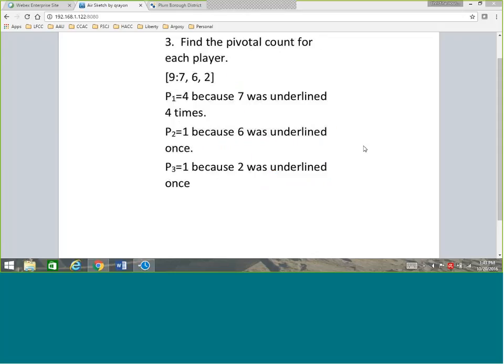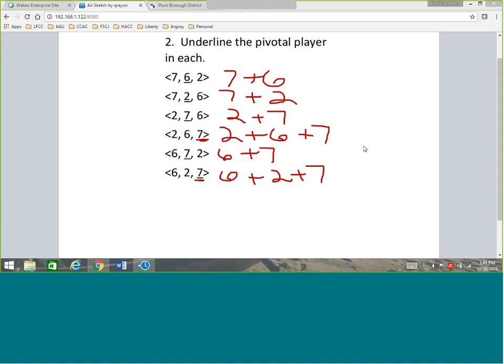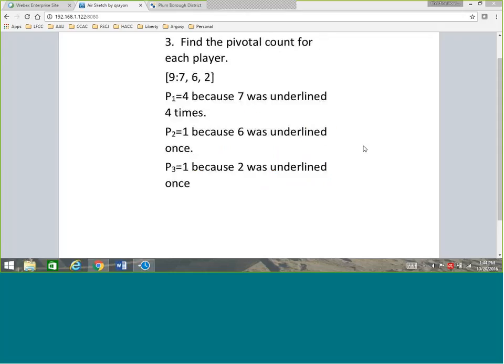Okay, so now we need to find the pivotal count for each player. That just means going back and looking at the list to see how many times player 1 was underlined, player 2, and so forth. If you notice, player 1 was underlined 4 times, player 2 was underlined once, player 3 was underlined once.